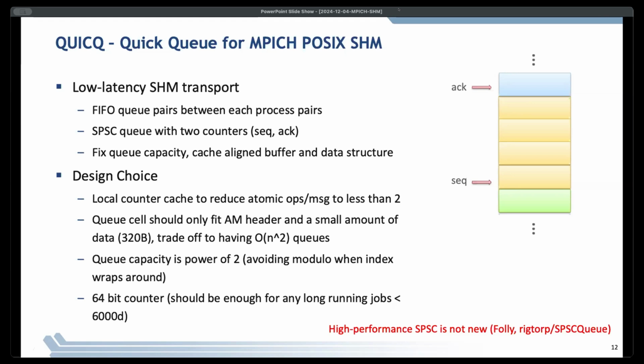So I basically just made a decision that I'm not going to check that. It's just going to keep increasing, and hopefully we don't have that long-running a job with MPI.